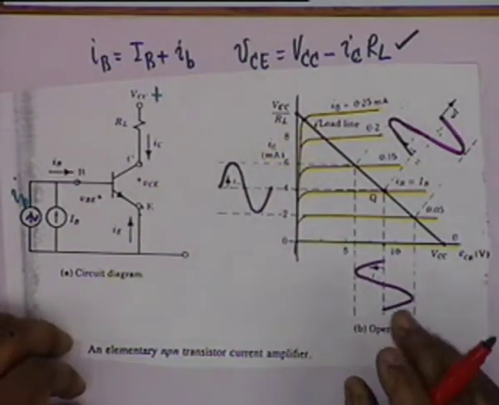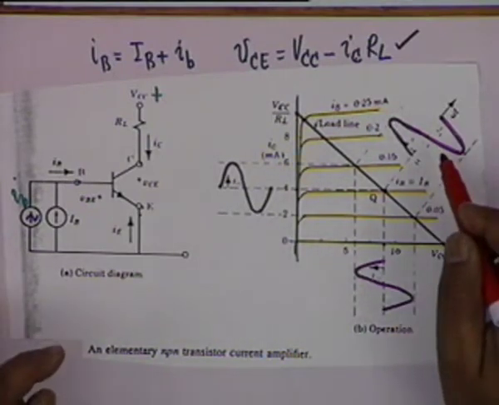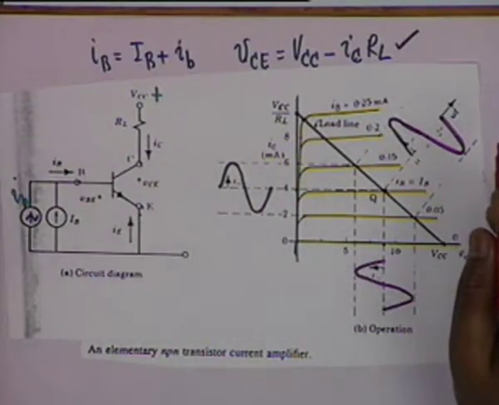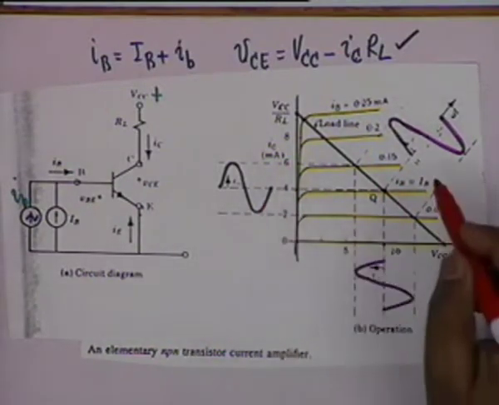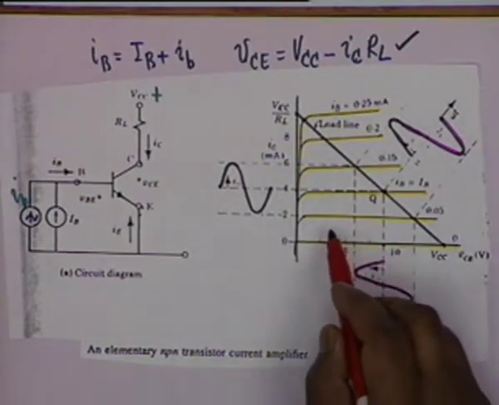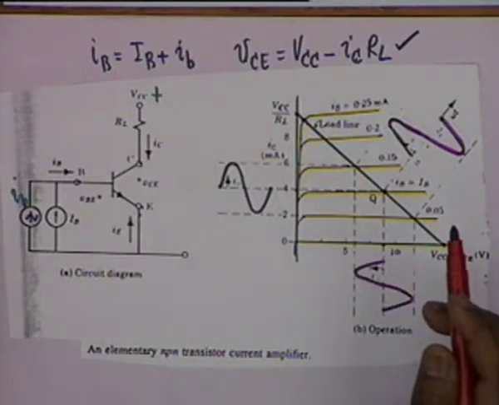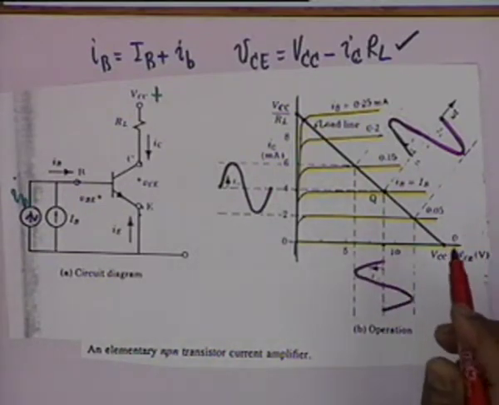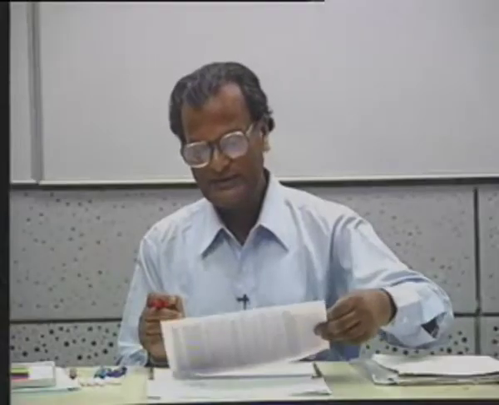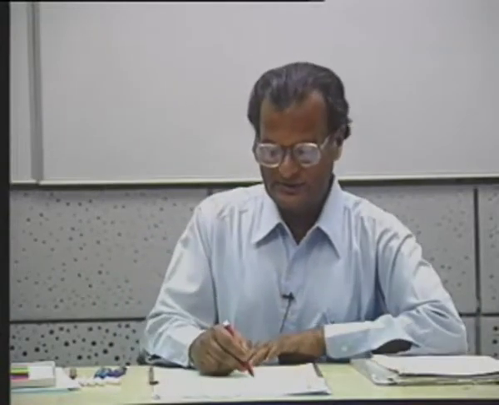And therefore, for faithful amplification, where the base current variation shall lead to an exact replica, but an amplified or magnified replica in the collector current, you require that part of the characteristic where the lines are equispaced, that is, equal increments of base current lead to equal increments of collector current. This is the basic idea of amplification, how a transistor can be used as an amplifier.